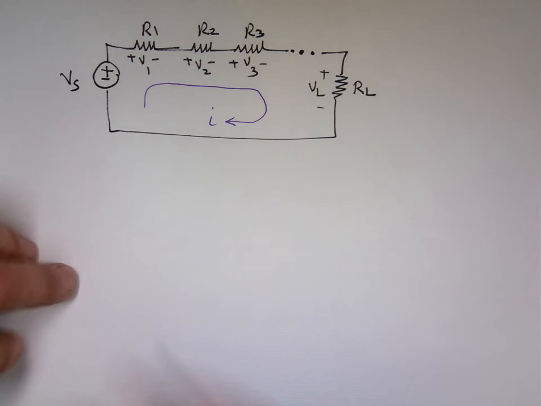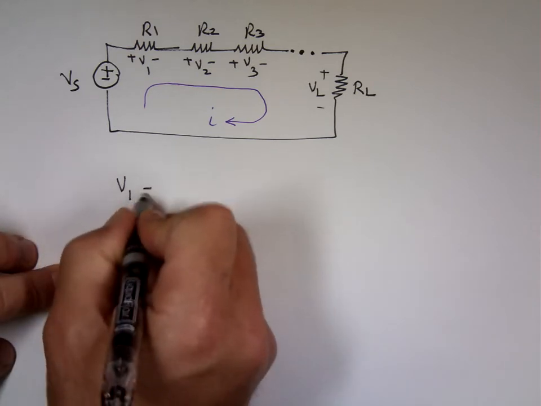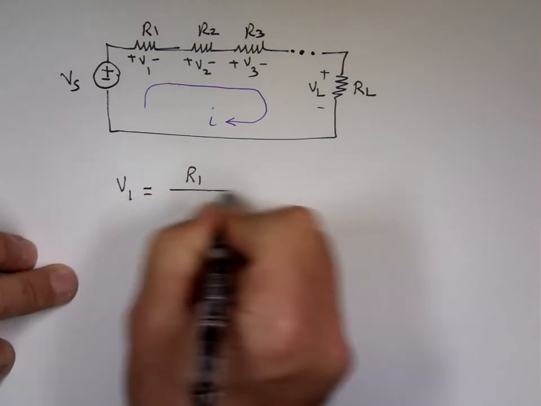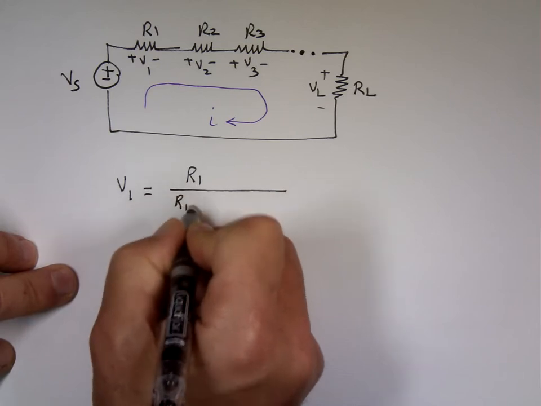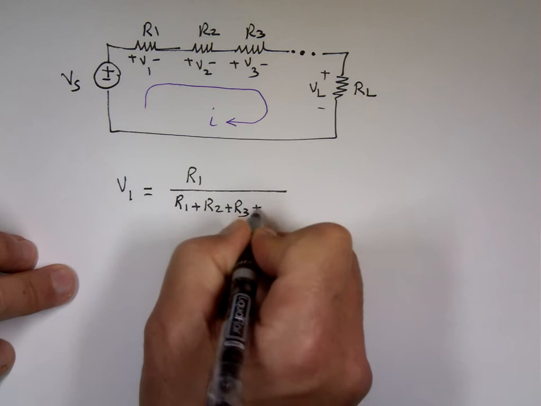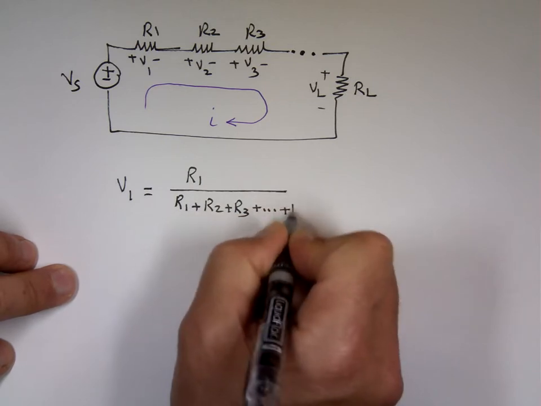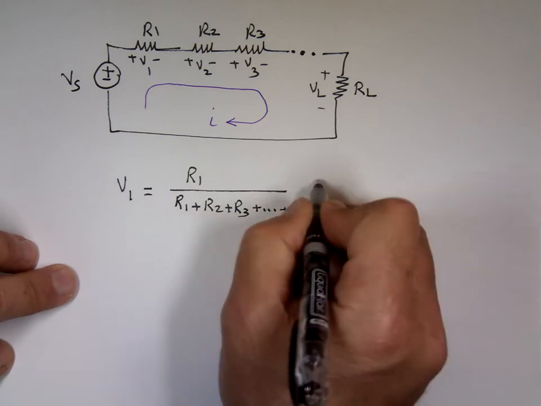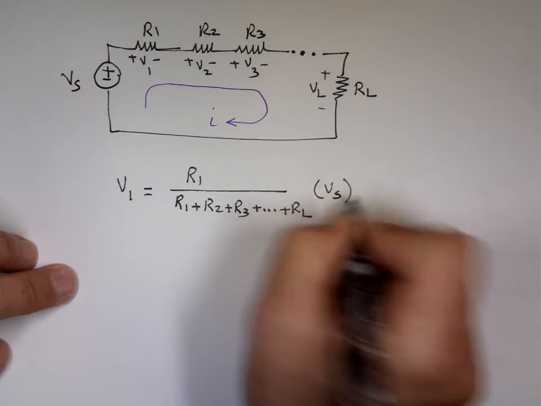So V1 will be R1 divided by what? R1 plus R2 plus R3 plus R sub L times Vs, whatever the source is.